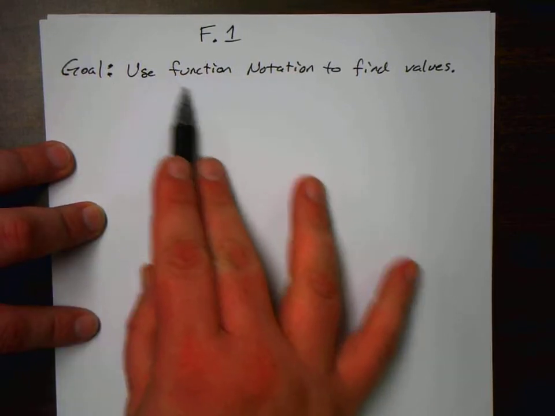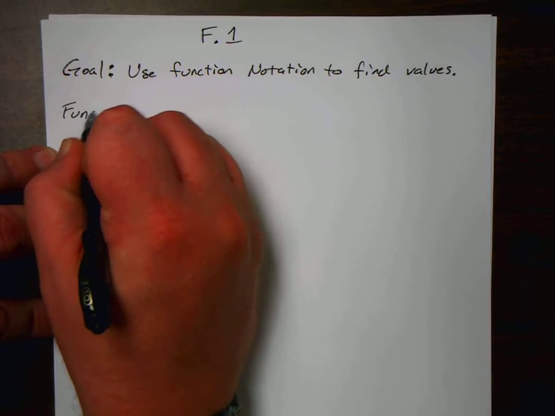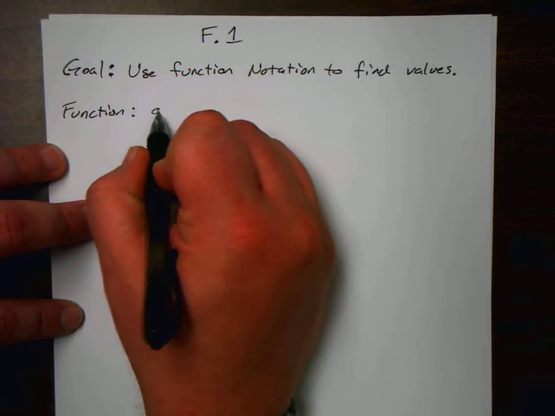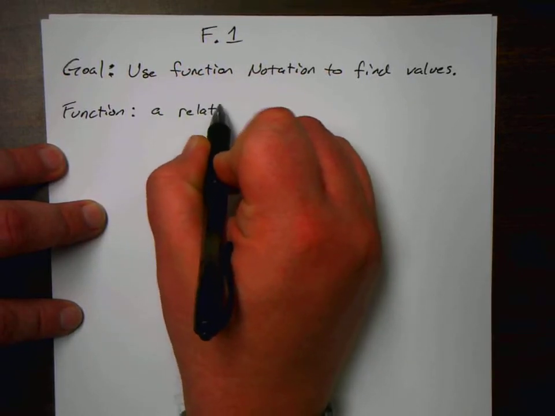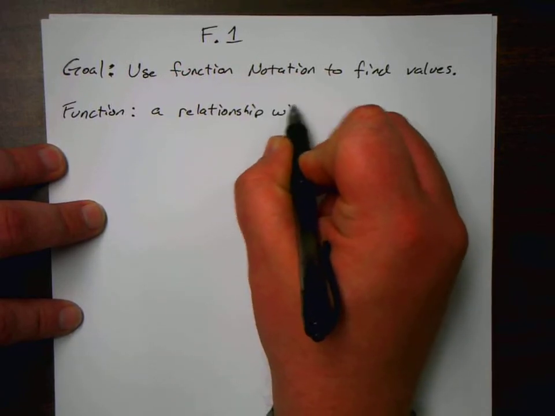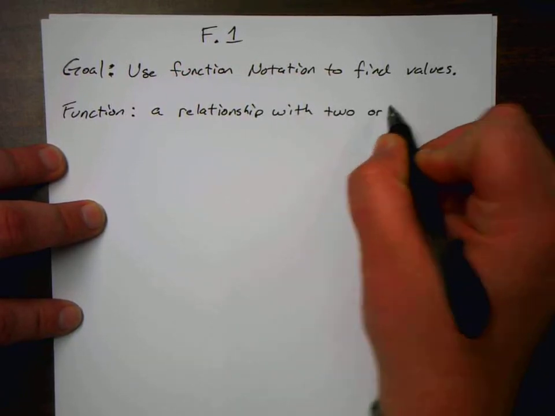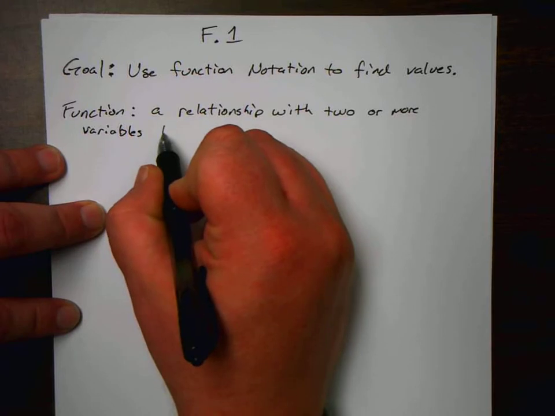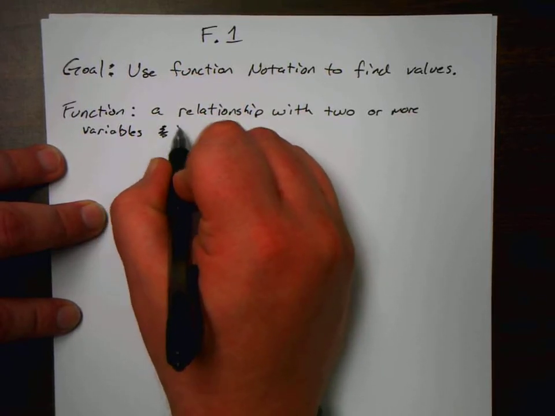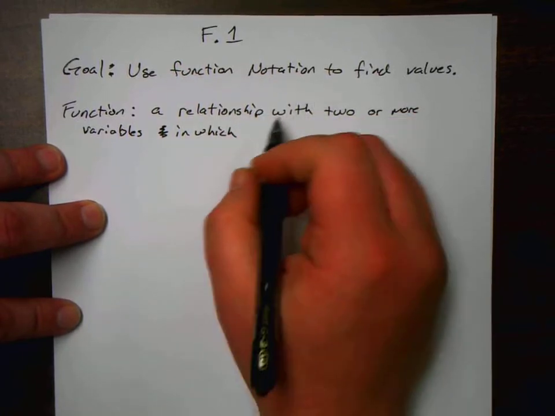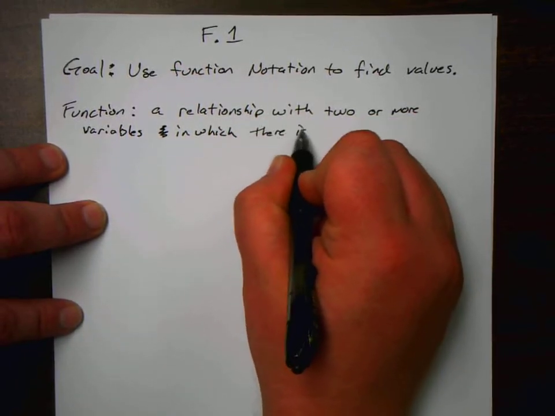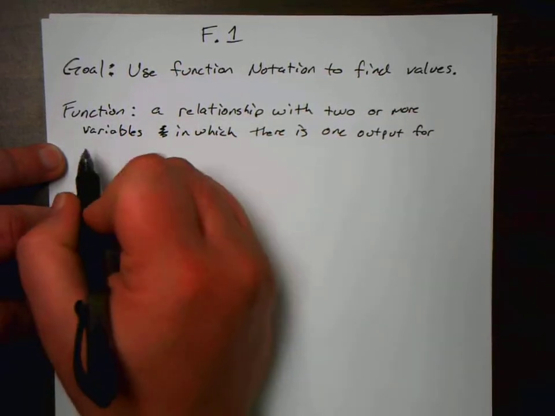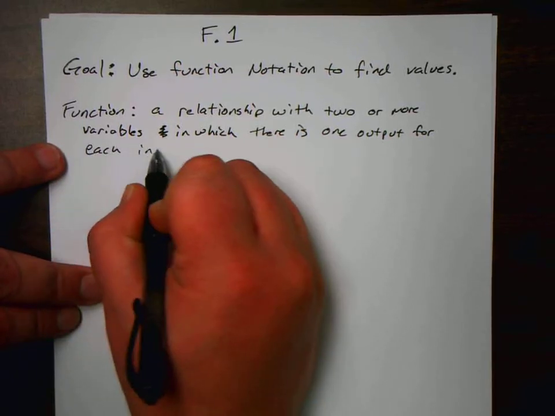So first things first, what is a function? A function is a special type of relation, so it is a relationship with two or more variables in which there is one output for each input.